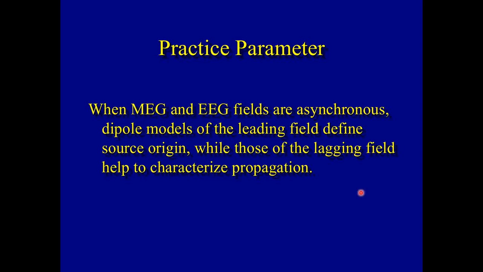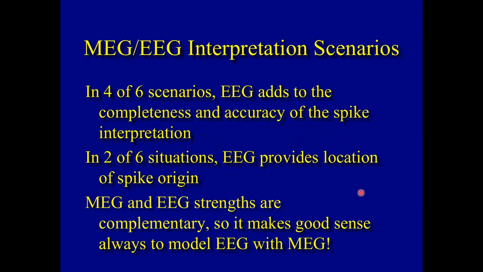So when the MEG and EEG fields are asynchronous, source models of the leading field define the origin. Those of the lagging field help to characterize the propagation. We really want to know where things start, not necessarily where they go. So in 4 of these 6 scenarios, EEG added something to the completeness or accuracy of the interpretation of the spike, and in 2 of the 6, EEG provided the location.